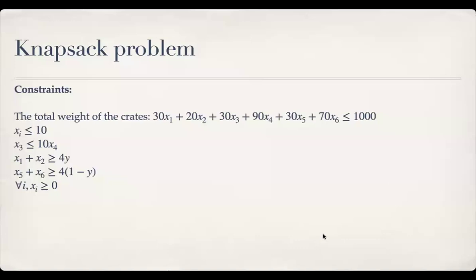It causes a problem because if you ship x4 only 1 crate, for the condition you can ship any amount of crates, less than 10 of x3. So this condition cannot be handled without 10. So you need 10 here.